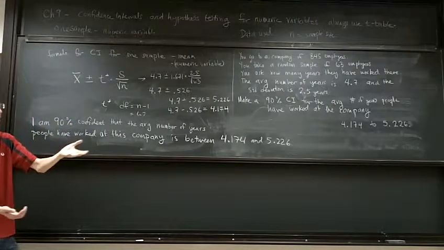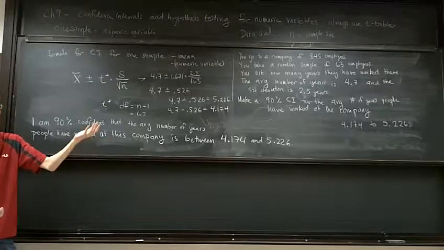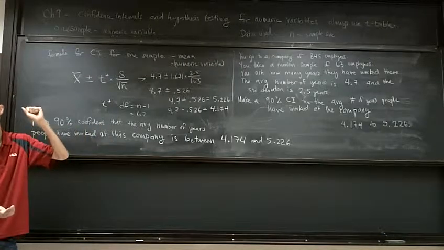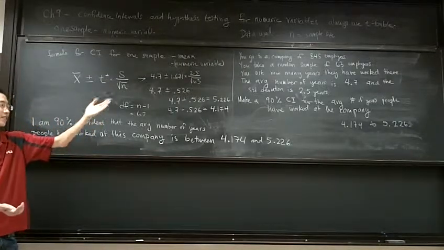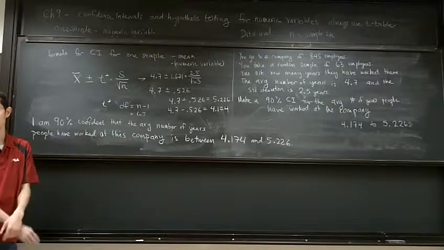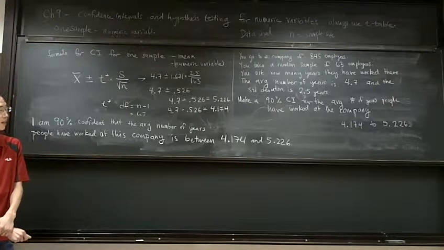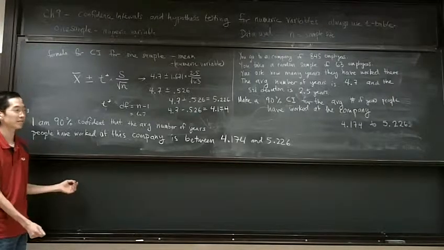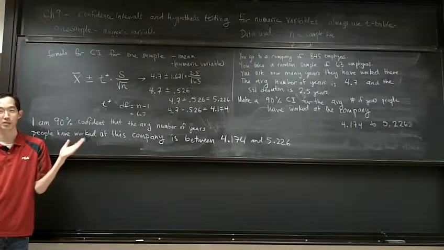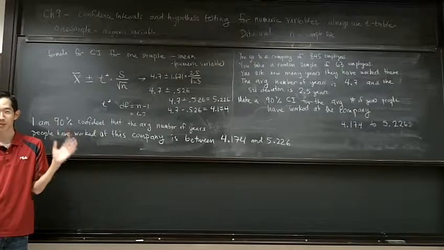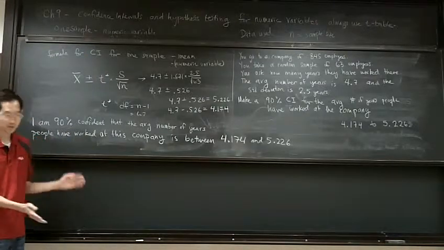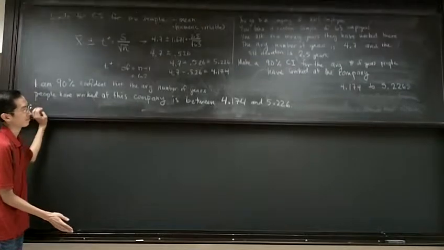However, if I said, do we have evidence that it's not 7 years? You would say yes, because 7 is not inside the interval. We understand that part of the confidence interval, right?